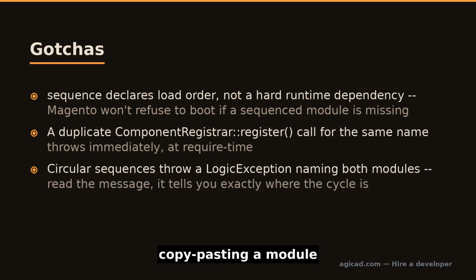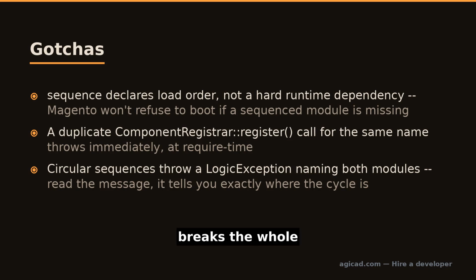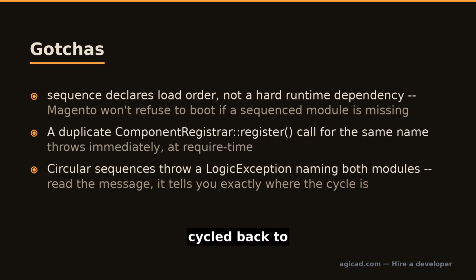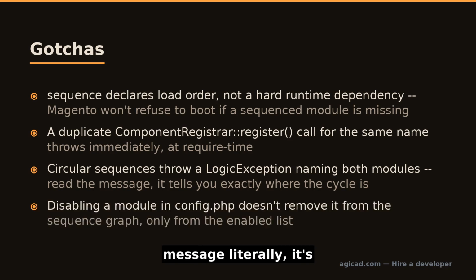A circular sequence reference throws a logic exception that names both the parent and the module it's cycled back to. Read that message literally, it's telling you the two files to go open. And disabling a module through config.php never removes it from the sequence graph loader builds, it only removes it from the enabled list Manager and ModuleList check against.